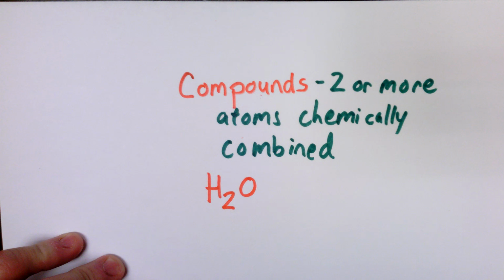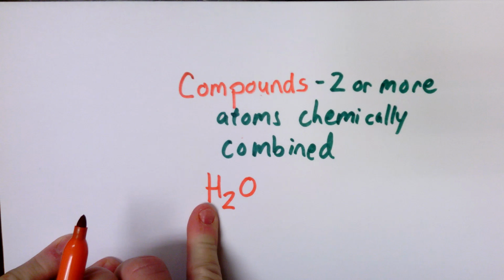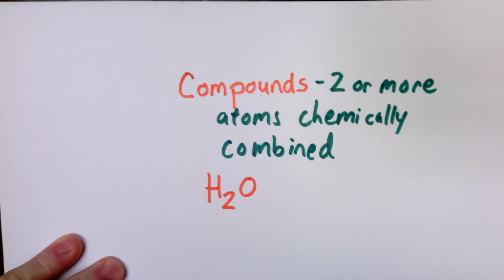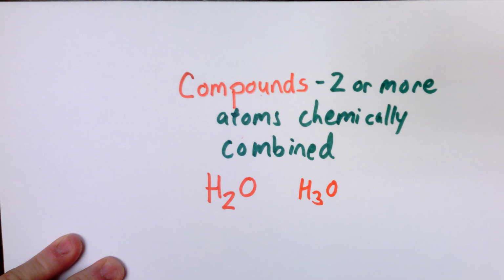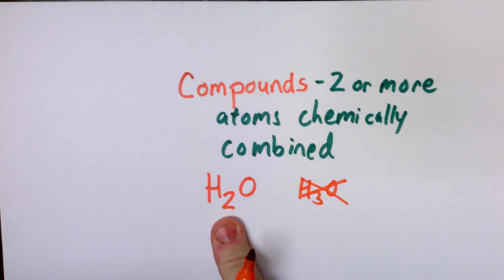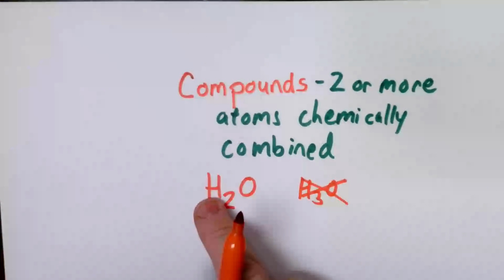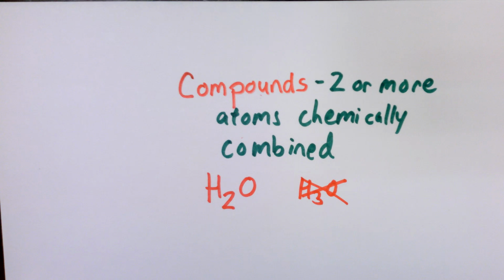Now, you know that water is not just hydrogen and oxygen thrown together in a bowl and just kind of mixed up, just hanging out together. And you also know that H2O is never H3O. That's not how the compound works. We know that water is hydrogen and oxygen, and it's always two hydrogens for every one oxygen.